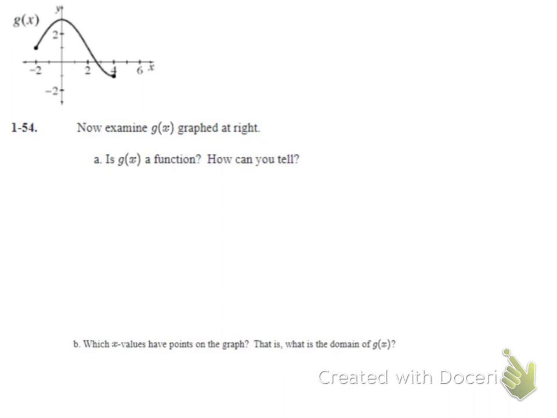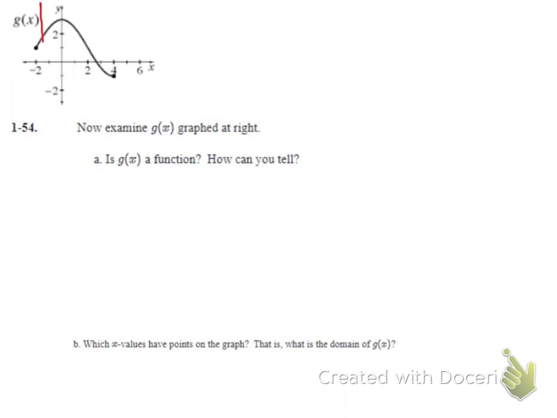Okay, this is the stuff that we did in class yesterday. So with a function, when we look at a picture of it, so the graph itself, you and I are talking about being able to pass the vertical line test. So if I draw vertical lines, so straight up and down, I'm only allowed to hit the graph one spot at a time if it's a function. So I'm just going to start graphing some lines.